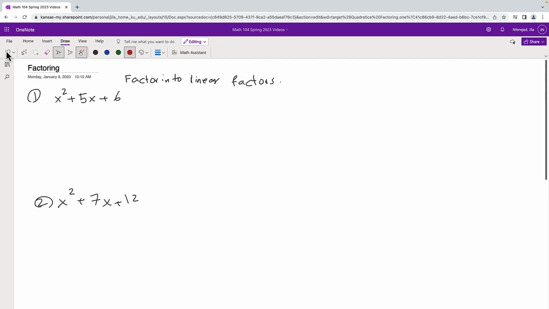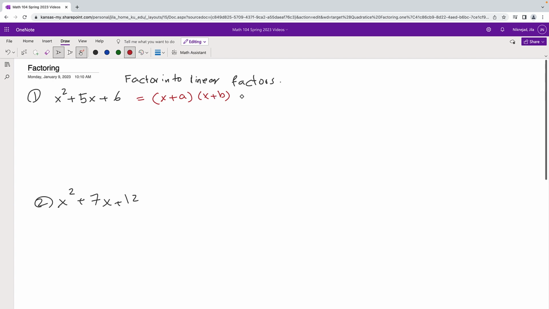So how do I do this? I know this is going to be equal to, here the coefficient of x squared is 1, so I know this is equal to x plus a, or x plus minus a, and I can assume a is positive or negative, and x plus b. b can be positive or negative.